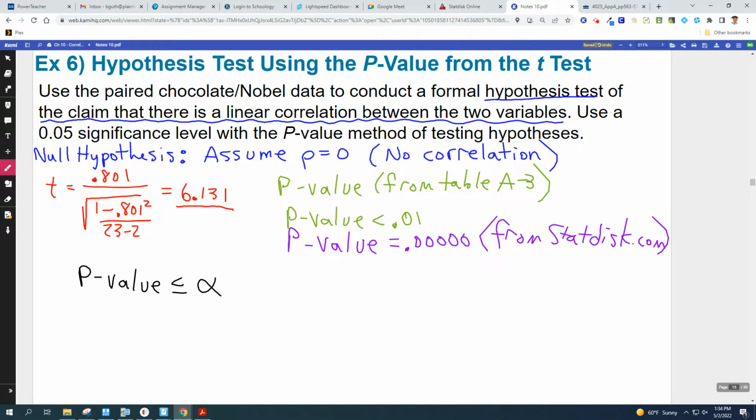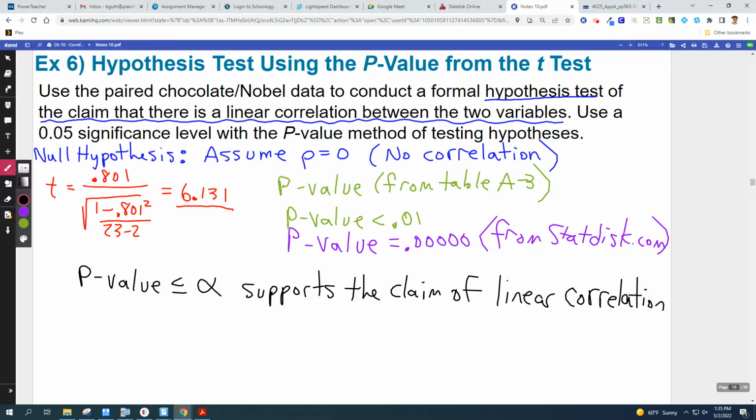That was one of the first slides, the 5th slide, where it talked about that. So go back earlier in the notes. The p-value is less than or equal to alpha, supports the claim of linear correlation.